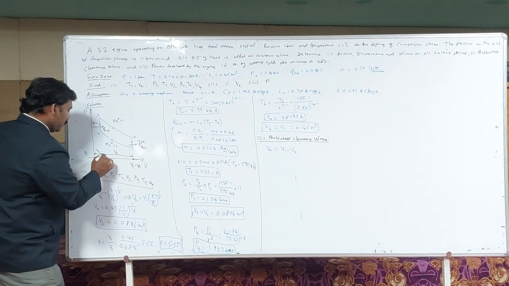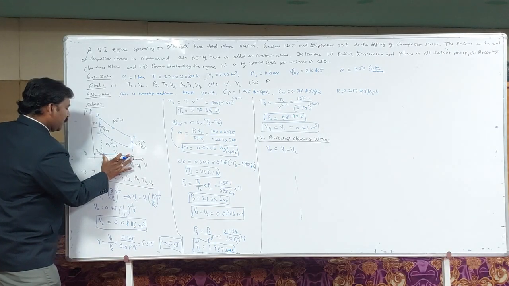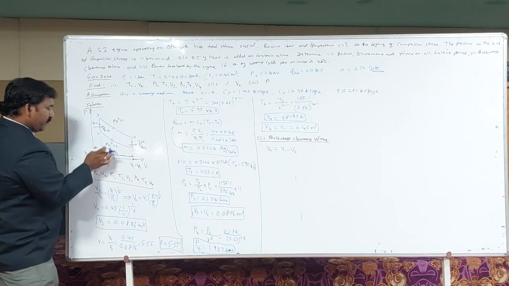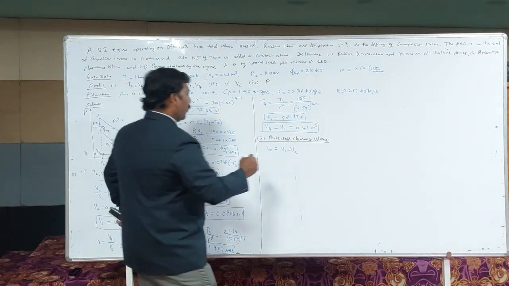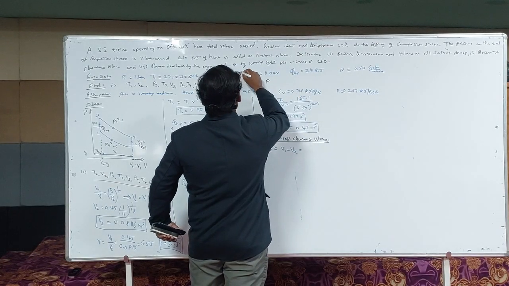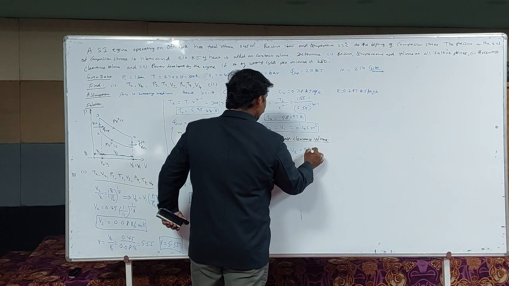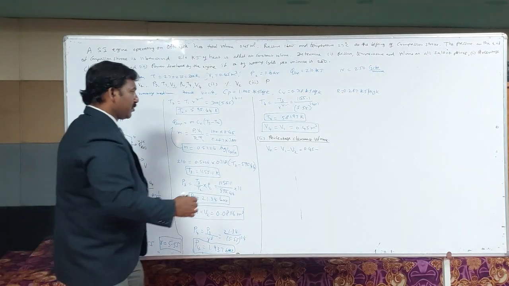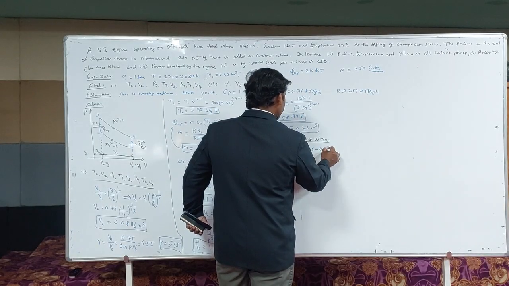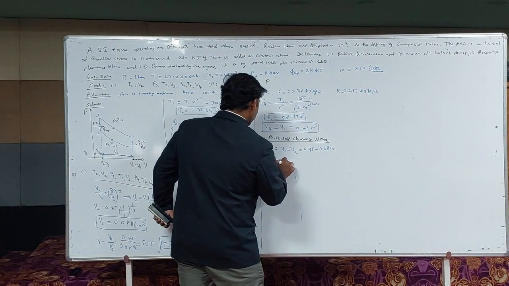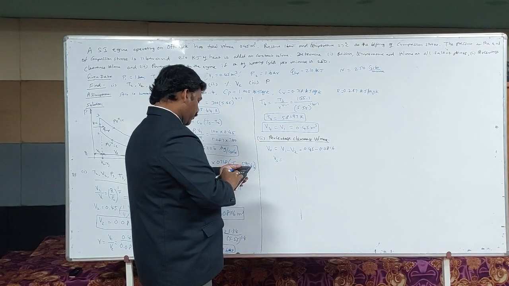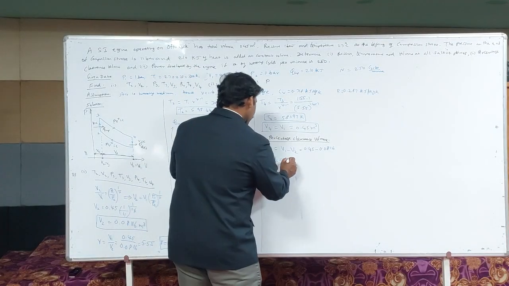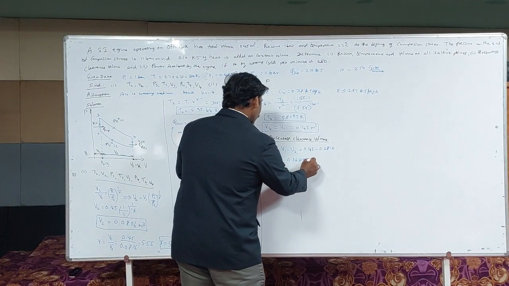So V1 minus V2 is the swept volume. We know V1 is given as 0.45 meter cube. So 0.45 minus V2, which we already found out, 0.08116. So we get the swept volume as 0.45 minus 0.08116 is equal to 0.36884 meter cube.